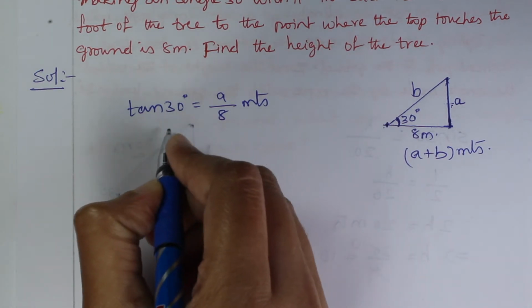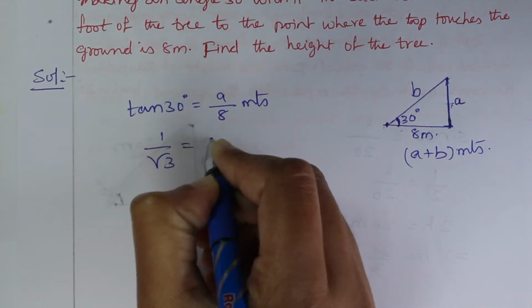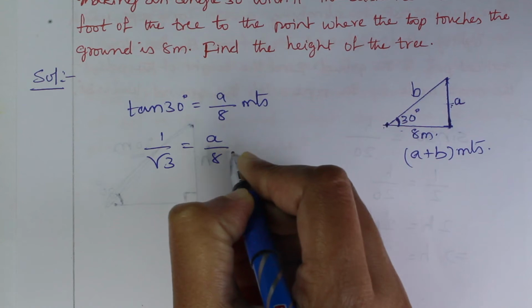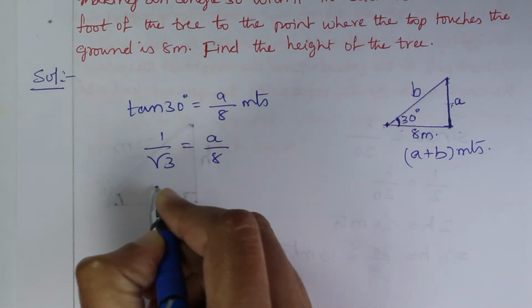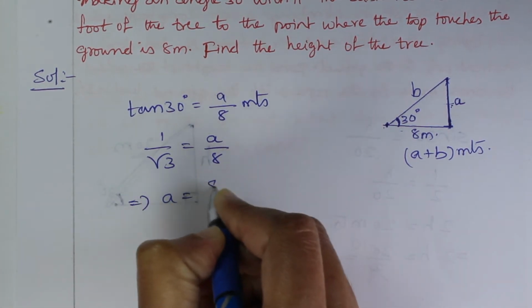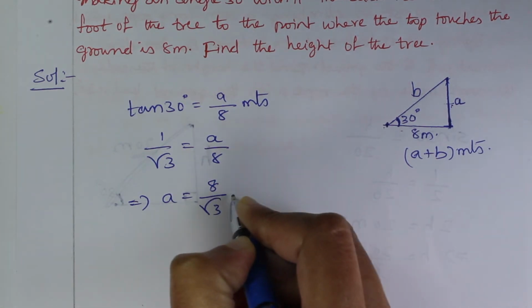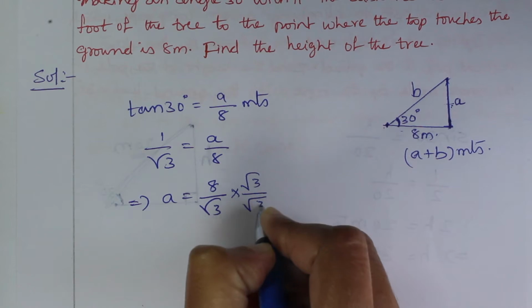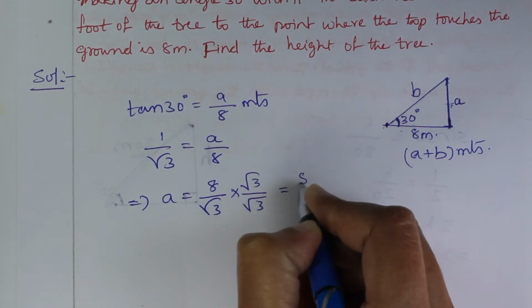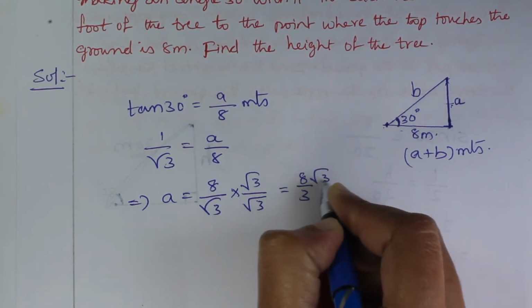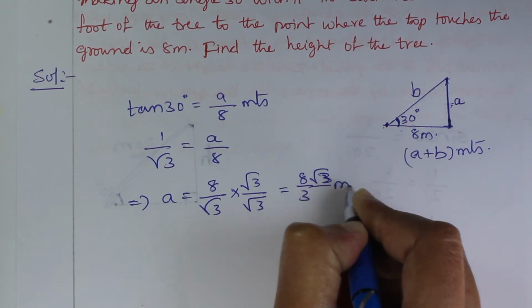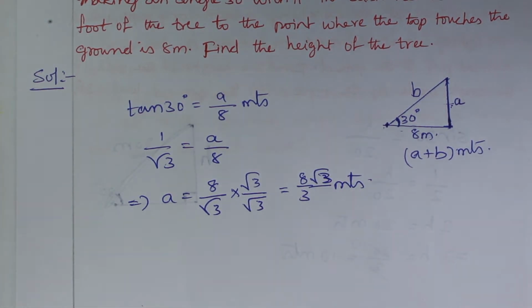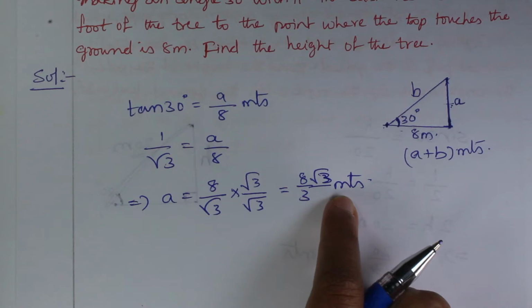We know tan 30 is equal to 1 by root 3, so 1 by root 3 is equal to A by 8. That implies A is equal to 8 by root 3. Multiplying and dividing this fraction by root 3, it becomes 8 root 3 by 3 meters. So A is equal to 8 root 3 by 3 meters.